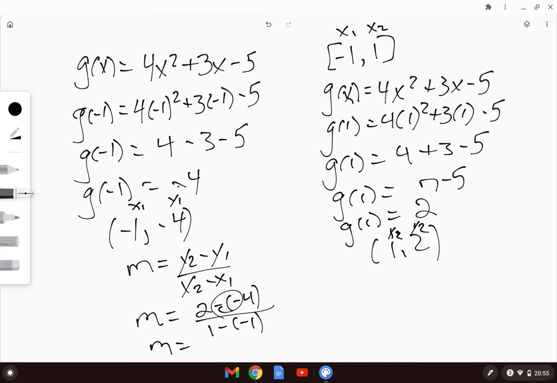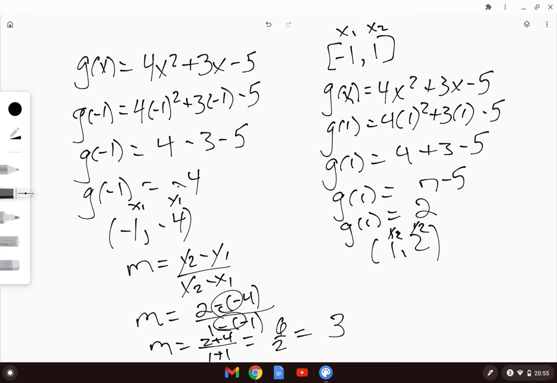So if we clean this up just a little bit, that's going to be 2 plus 4 over 1 plus 1. So 2 plus 4 is 6 over 2, which gives me a rate of change of 3. So my average rate of change over the interval -1, 1 is going to be 3.